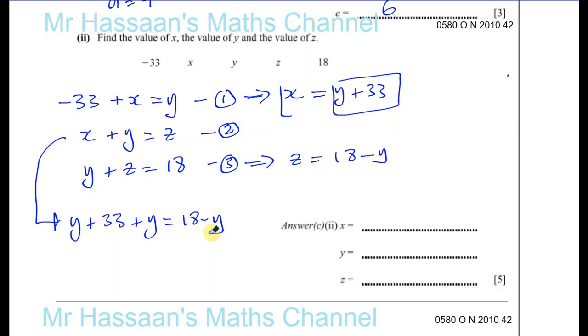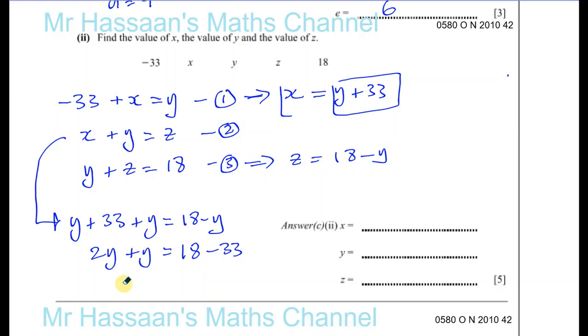Now we see we've got one equation with one unknown, which we can solve pretty easily. So on this side I've got 2y, and that side I've got minus y, so you end up with 2y plus y. I've added y to both sides. And on this side I've got 18, and I have to take away 33 from both sides to get rid of this 33.